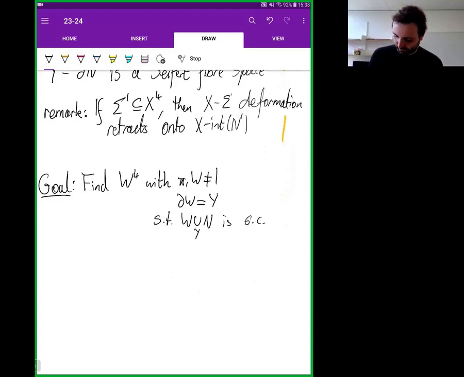Of course you might worry that there's an obstruction to being able to glue, and that's where the bordism comes in. So let's talk about that very briefly.